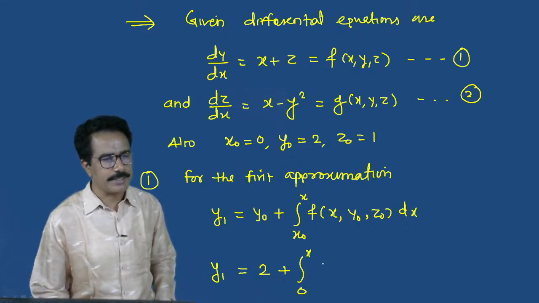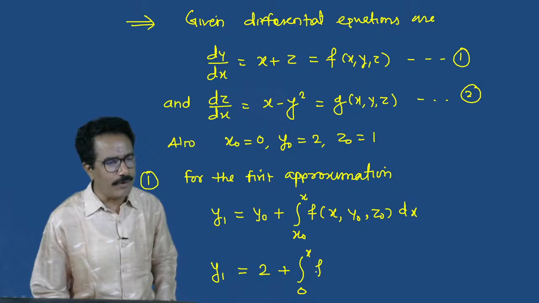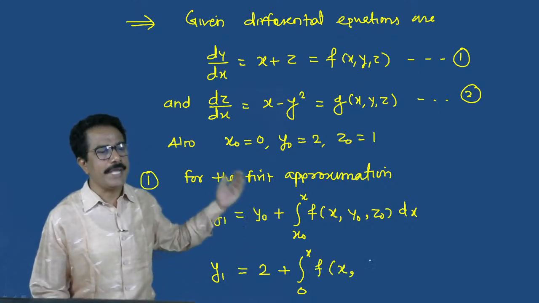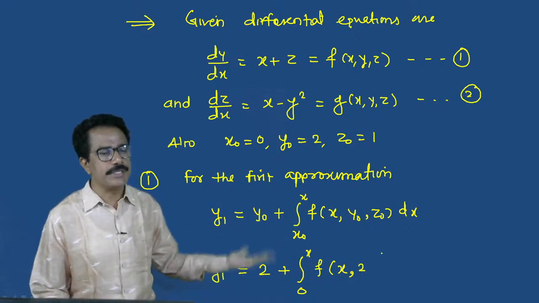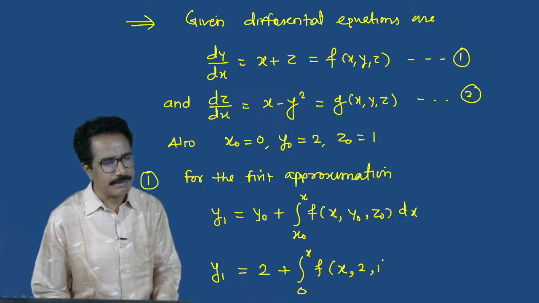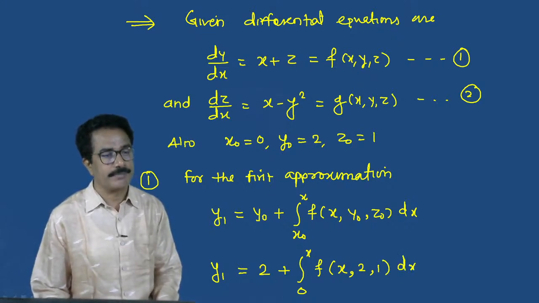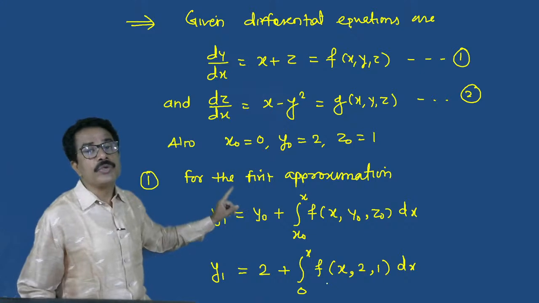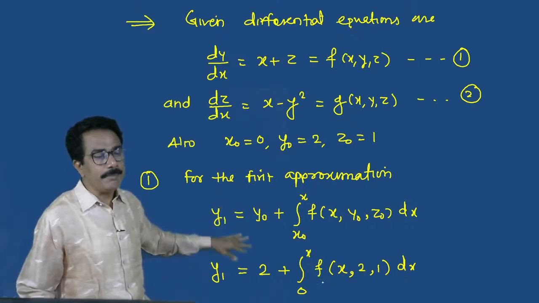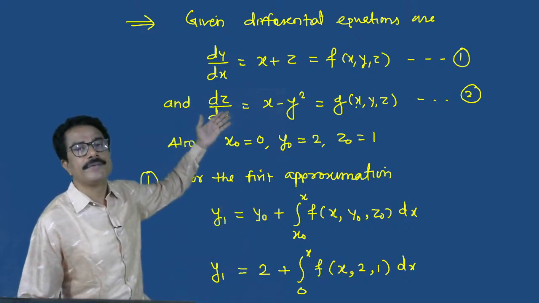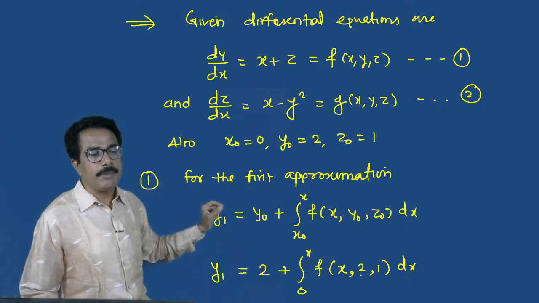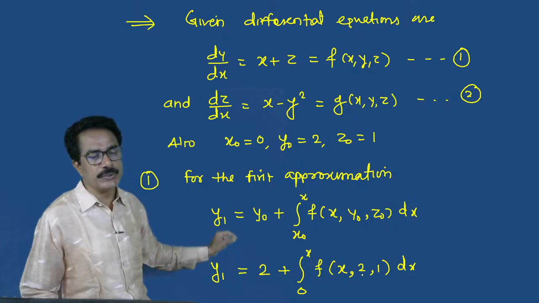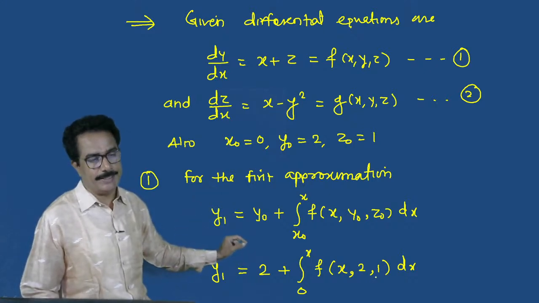To x of f of x comma y0, which means 2, z0, which means 1, into dx. Now you have to put in the function f: replace x as it is x, replace y as 2, z as 1.